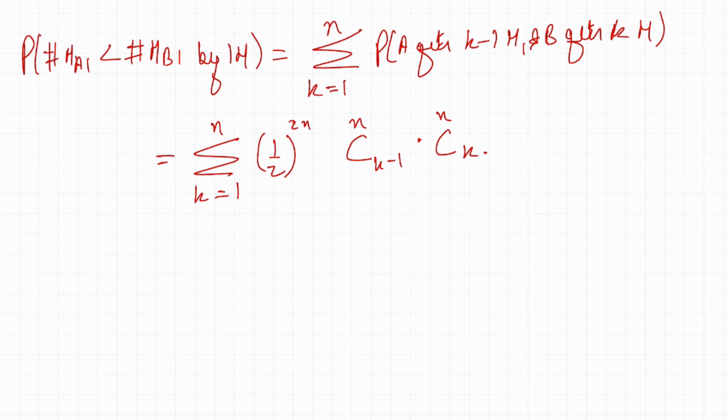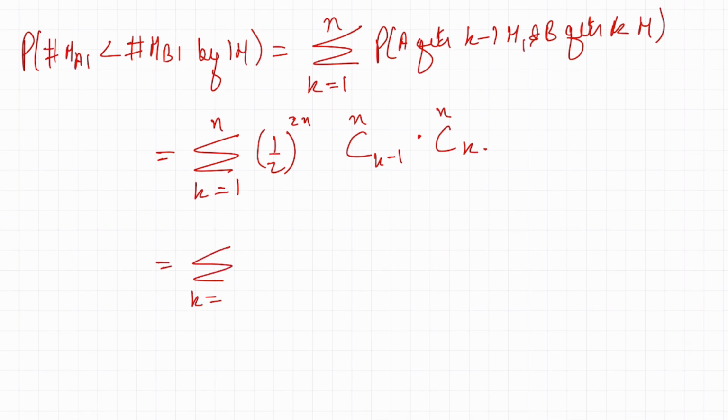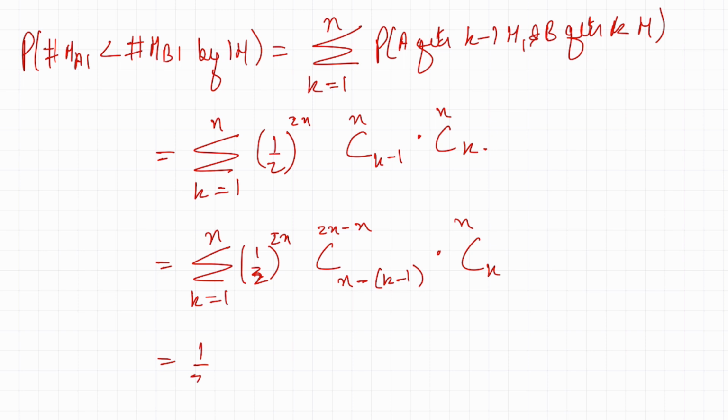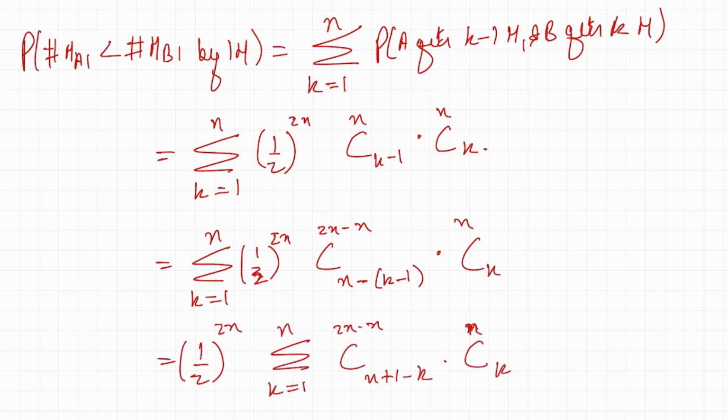Now, again using the property of binomial coefficients, I'm going to rewrite this as n choose n minus (k minus 1), times n choose k. If I simplify it further, I can quickly do it like this. So this is the simplified form.